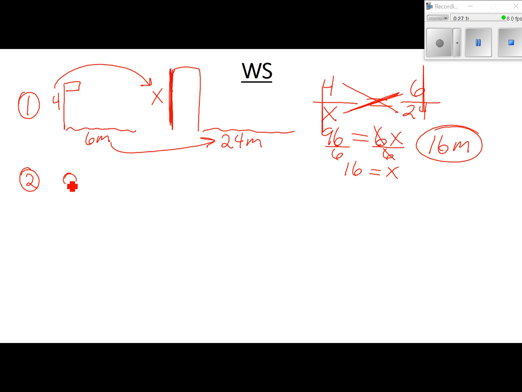So we got Madeline here, cast a shadow. Got a friend over here, cast a shadow. We know that Madeline is 5 feet tall, so I'm going to put 5 feet right here. And she's got an 84-inch shadow.